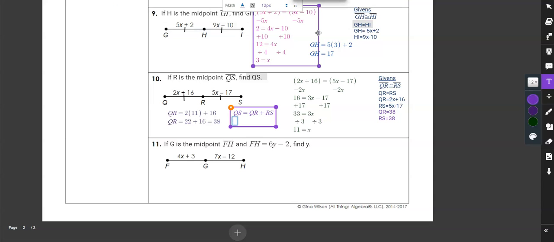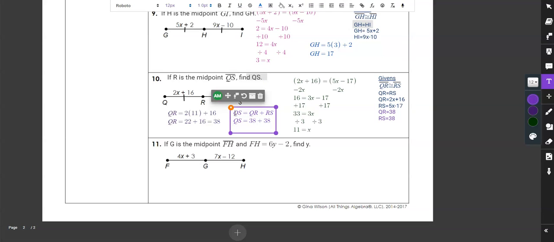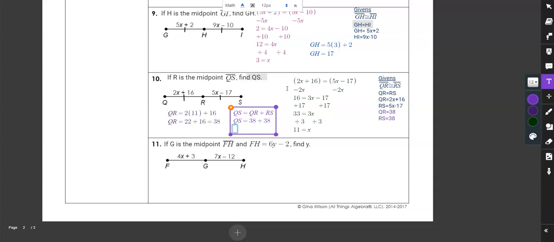And that means that QS is equal to 38 plus 38, which is 76. So in this case, QS is going to be equal to 76. And again, no units. They did not give me anything more than that to work with.